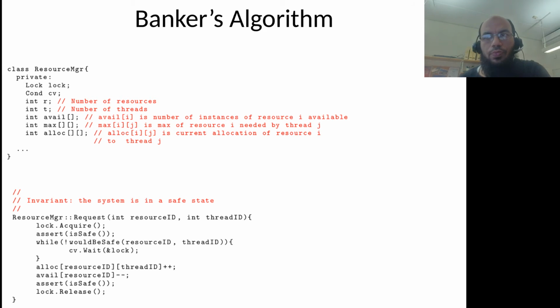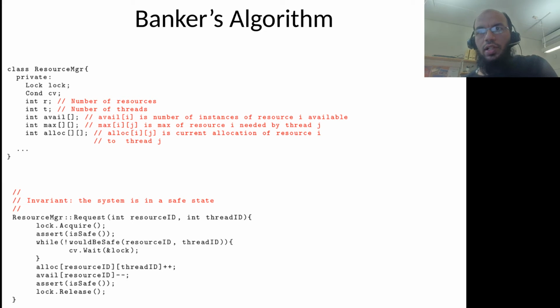Versus if it's safe, then you start allocating the resources, and when you do the allocation, you change all the different parameters that you have defined earlier in your class. For example, in the allocation map or the allocation array, you change the resources allocated to the thread by increasing the number of it, and you decrease it from the available resources.